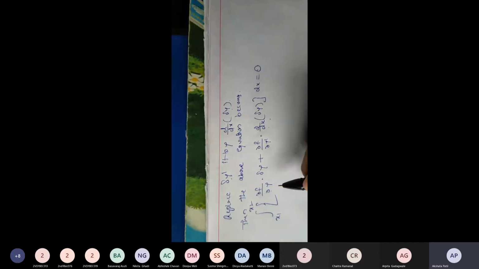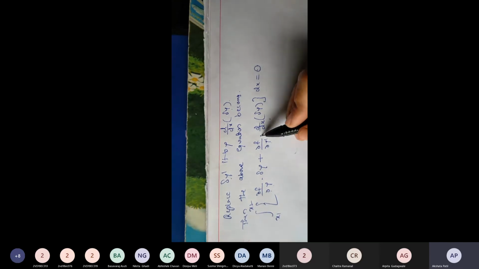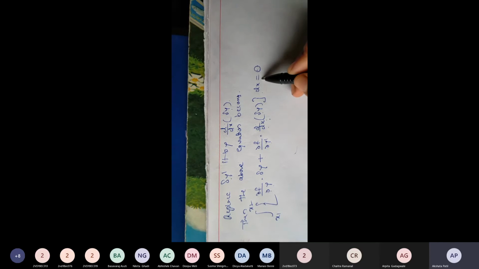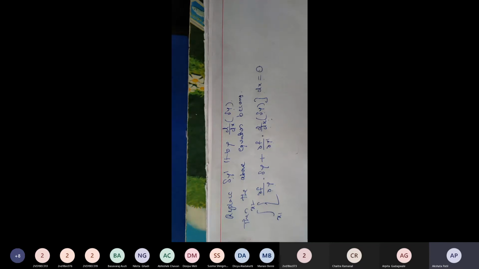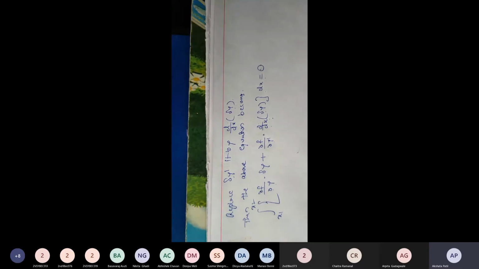So here I have written that step: dou f by dou y into delta y keep as it is, plus dou f by dou y dash keep as it is, and in place of delta y dash I have written d by dx into delta y, into dx, which is equal to 0. Now you know how to integrate this function, so now integrate separately.